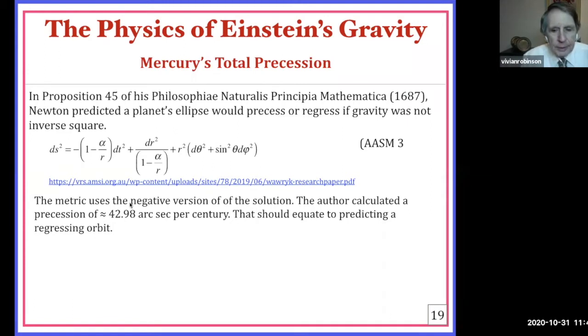In other words, the calculation is for motion in the reverse direction. That appears to indicate that the author has predicted a precession in the opposite direction. In my language, that equates to predicting a regressing orbit. So does the complexity of the mass mean that it was not picked up? I'll leave that for you to work out.